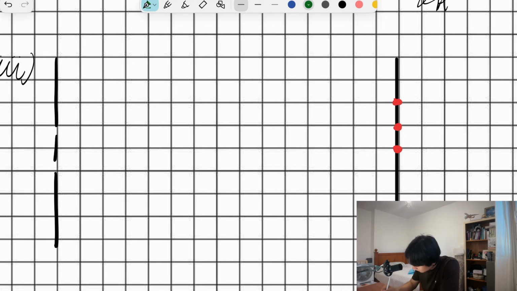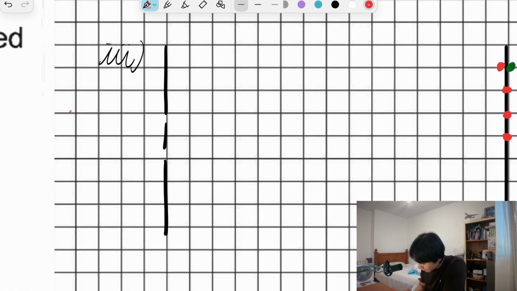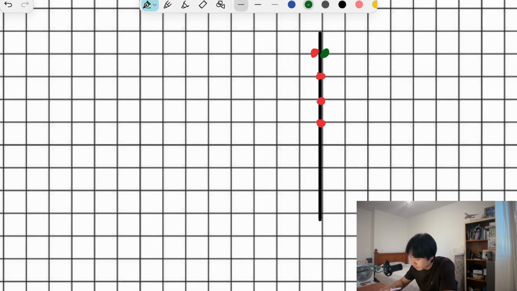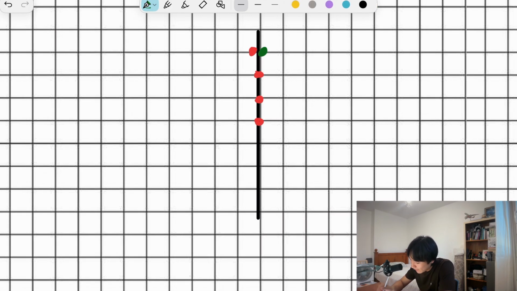Imagine these two overlap when you shoot red laser through here, right? And then if you also shoot green laser through here, right? But we don't necessarily know what the nth maximum is.